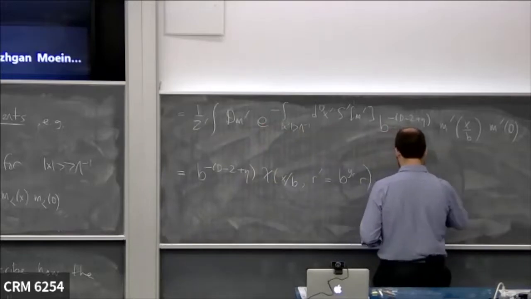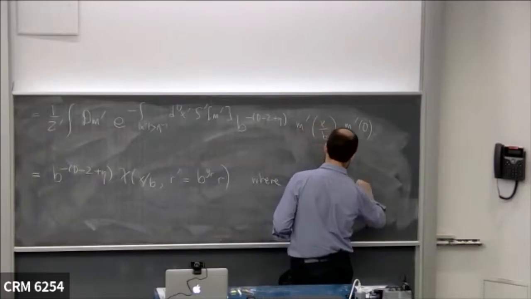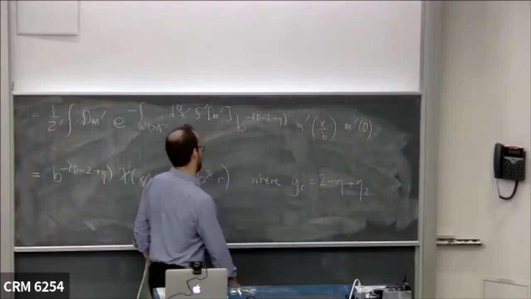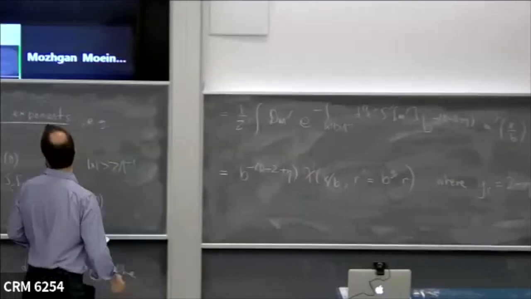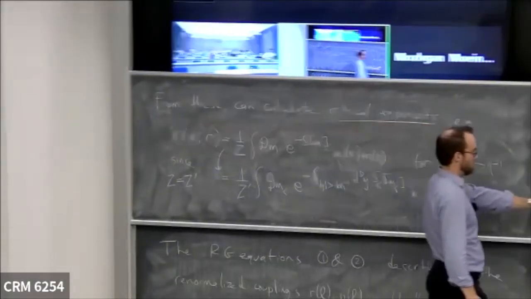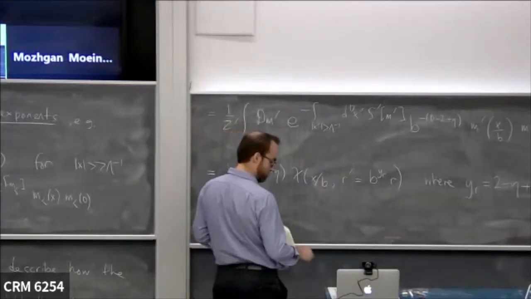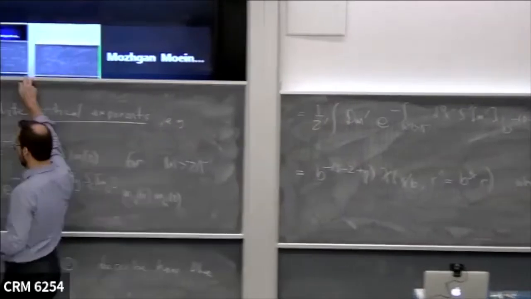From our previous derivations, this power is 2 minus eta over 2. So I've derived a relation between chi of x and r and chi at the rescaled x divided by b instead of x.